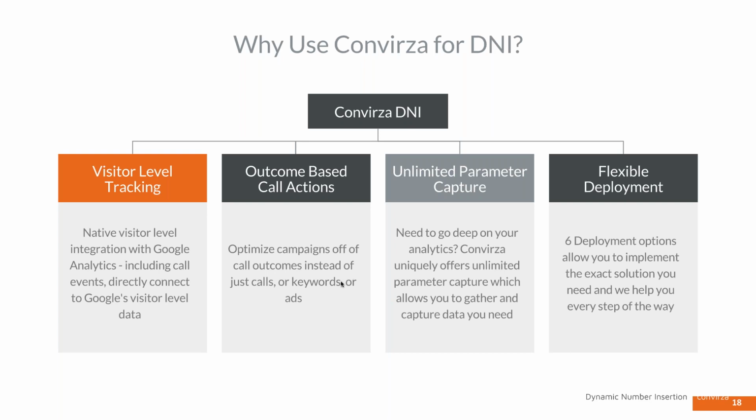And then the other thing that I think is really important is deploying DNI. No deployment is the same as the previous. What I found over the last 3.5 years is I've sold and helped implement DNI with a lot of different campaigns, and everyone is uniquely different in the way they need DNI to work.